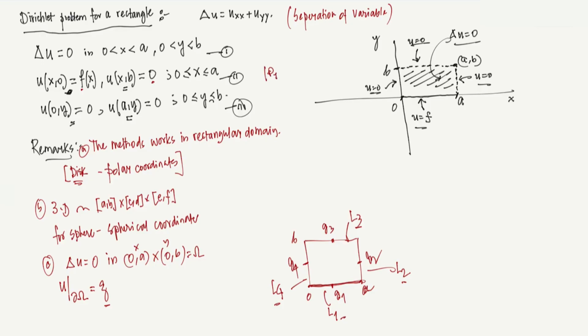Any solution of this is P1. For P2, you take this to be 0 and here you take f, and then this is 0, this is 0, right? That will be P2. And for P3, you take this to be, let's say, g of y, and every other line is 0. You understand? So you get P3, P4, and you get all the solutions, add them up, and then you will get the general solution for this sort of problem. So essentially it boils down to solving this.